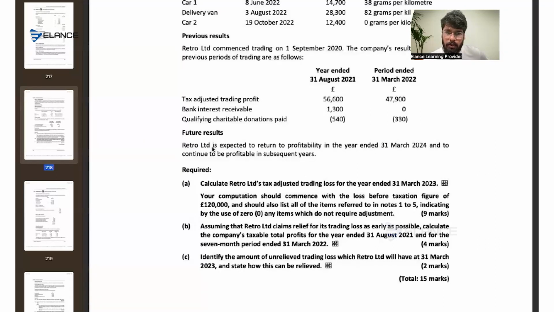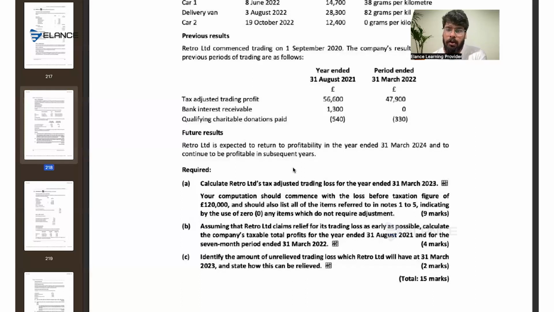Yes, the future results are also given. Retro Limited is expected to return to profitability in the year ended 31st March 2024 and to continue to be profitable in subsequent years. Okay, in the coming years, the company will be profitable.